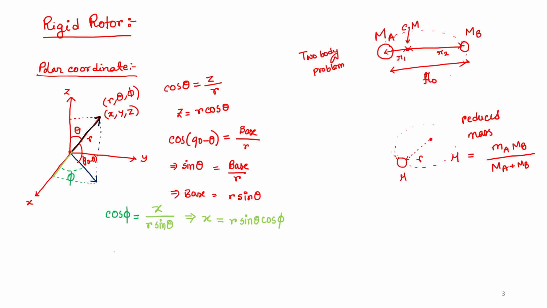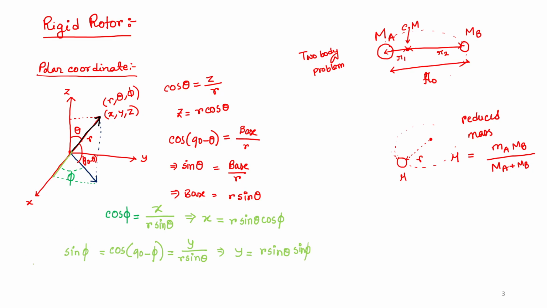So that is also cos, cos 90 minus phi is y by r sine theta. Now cos 90 minus phi is sine phi. So that is why y will be equal to r sine theta sine phi.